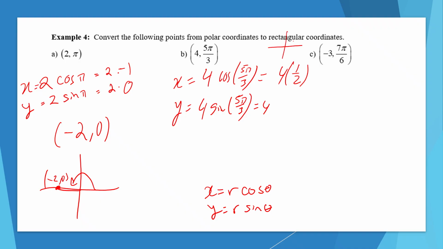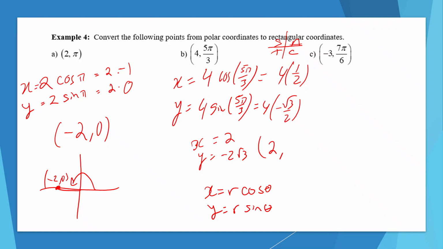Remember, this is also in the fourth quadrant, so this should be positive 1/2, and then sine should be negative √3 over 2. Simplifying this, you get your coordinate as x to be 2, and your y coordinate to be -2 √3.